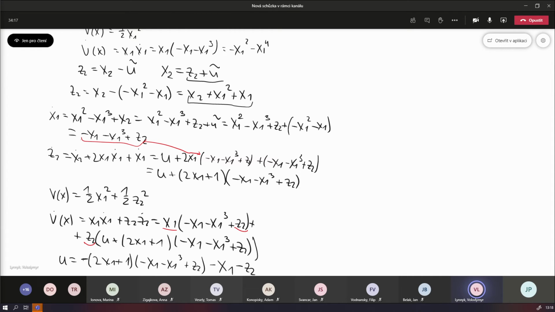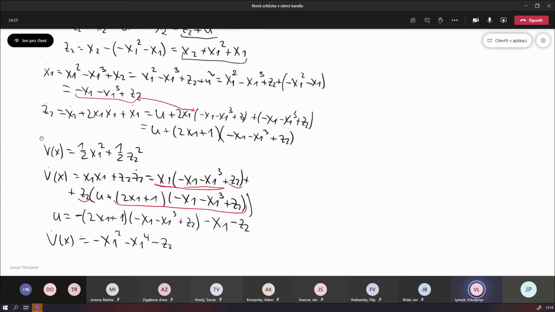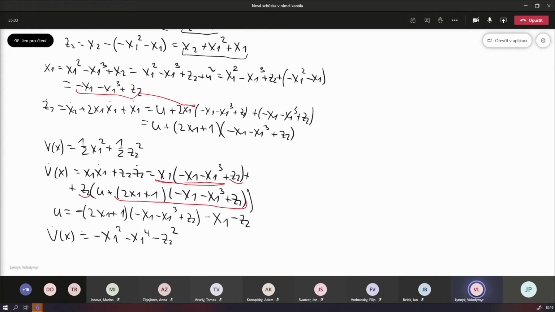When I put this control into our derivative of the Lyapunov function, then V dot equals minus x1 squared minus x1 to the fourth degree, we cancel this term, and minus z2 squared.